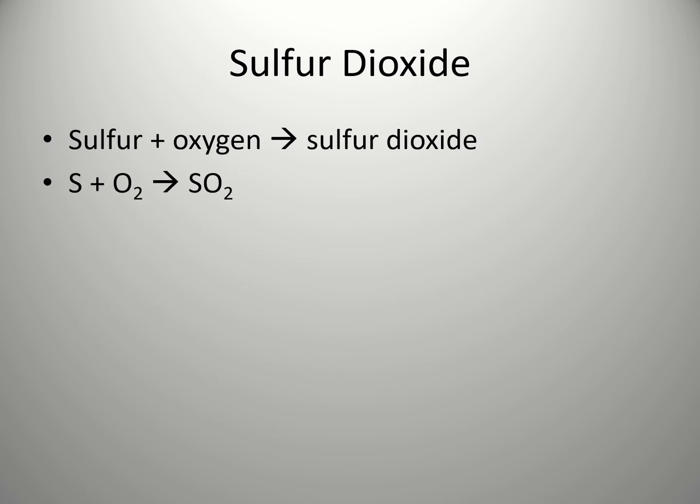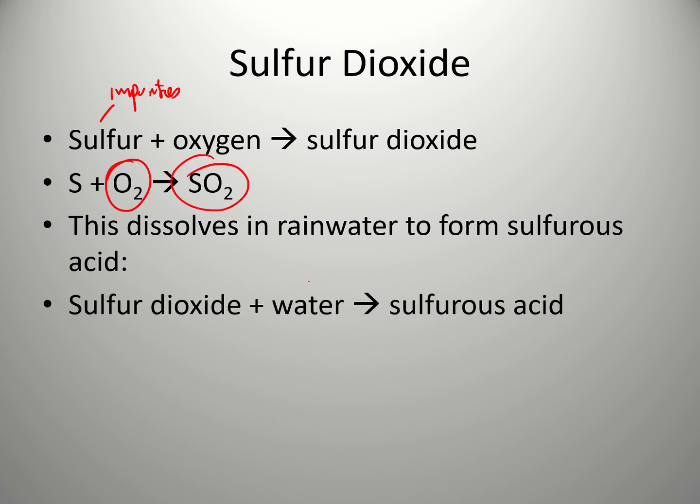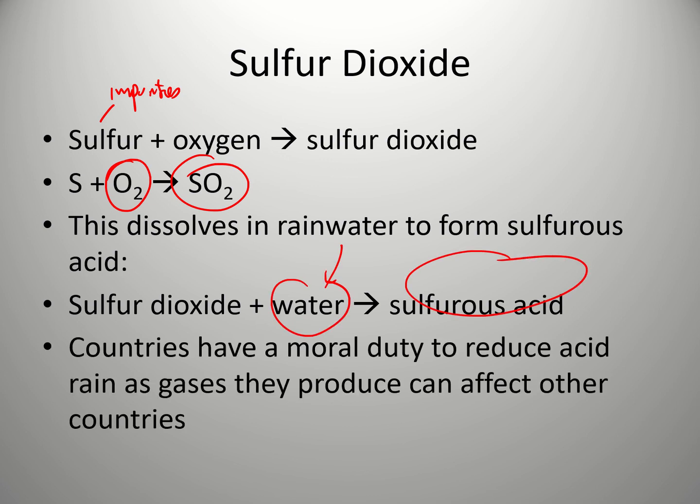Sulfur dioxide we've already spoken about. It comes from impurities in the fuel. When it's burnt in the combustion process, it gives you sulfur dioxide, which then reacts with rainwater to give us sulfuric acid, and then when the rainwater falls, it comes back to Earth and causes problems.